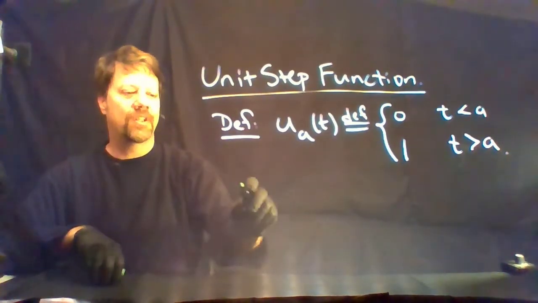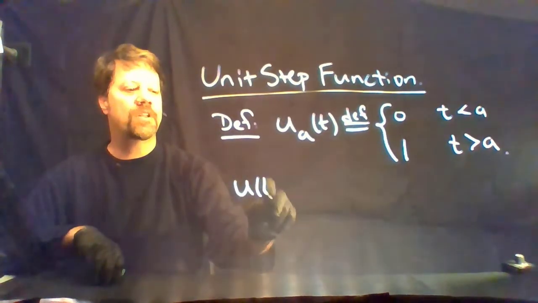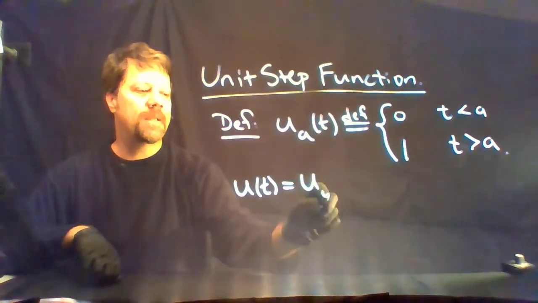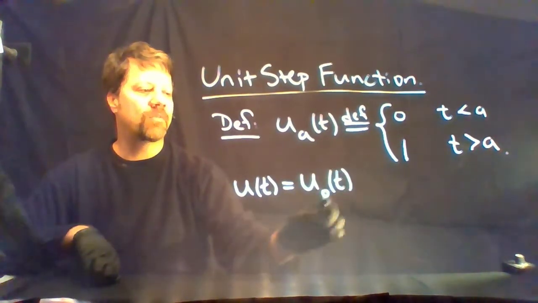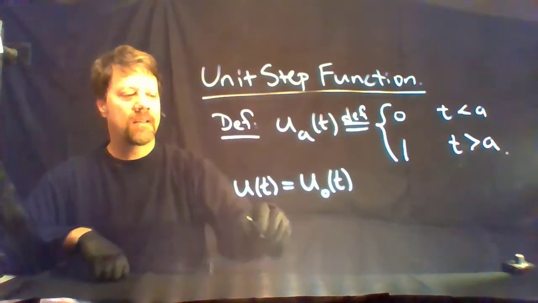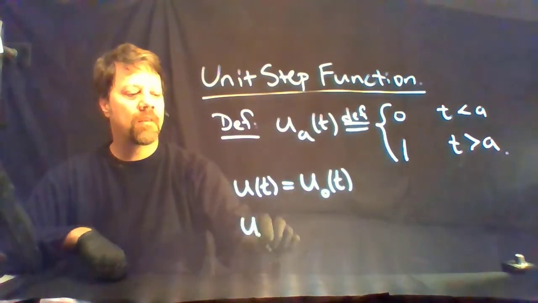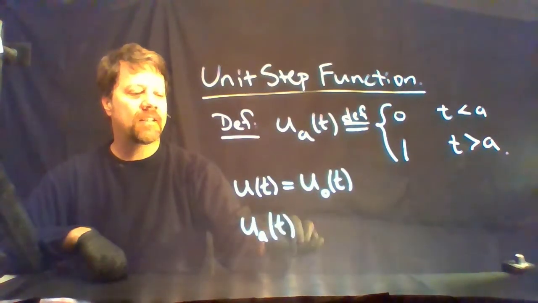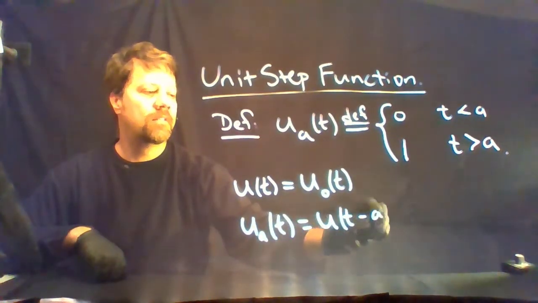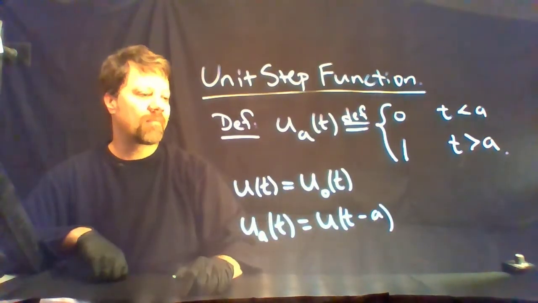There's another notation that is common. If we just write u of t, that's often taken to be the unit step function with the discontinuity at t equals 0. In this case, u_a of t can be described as just a translation of u of t.